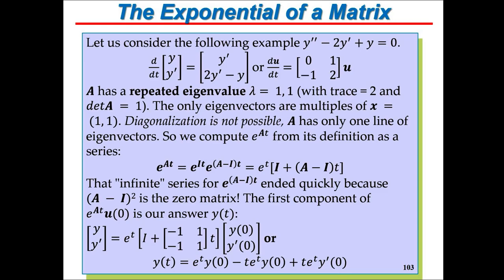The second solution will be t e to the lambda t times x, and this is exactly what we get in this second and third term that you see in here. So this is a very nice case showing that the expression for e to the At times u0 is also applicable if you have repeated eigenvalues.